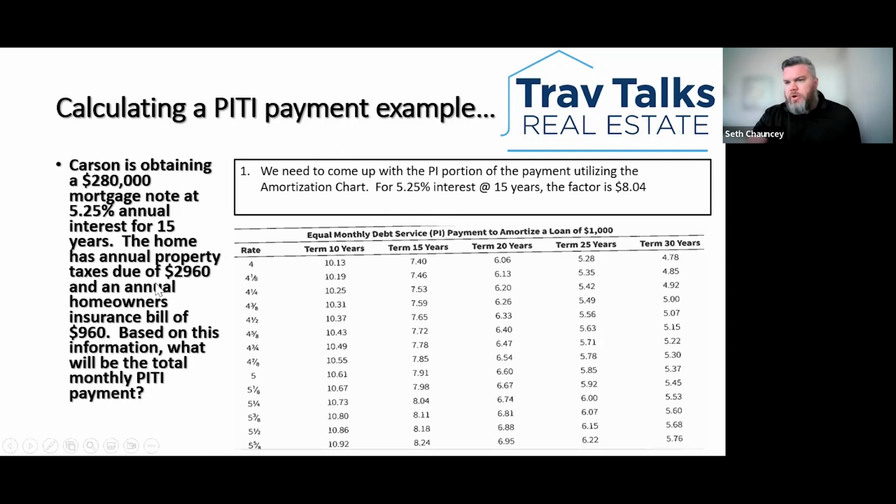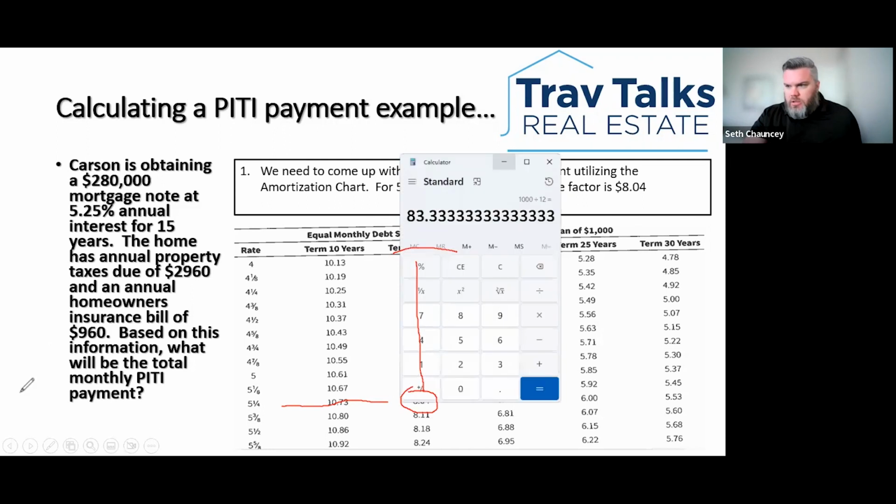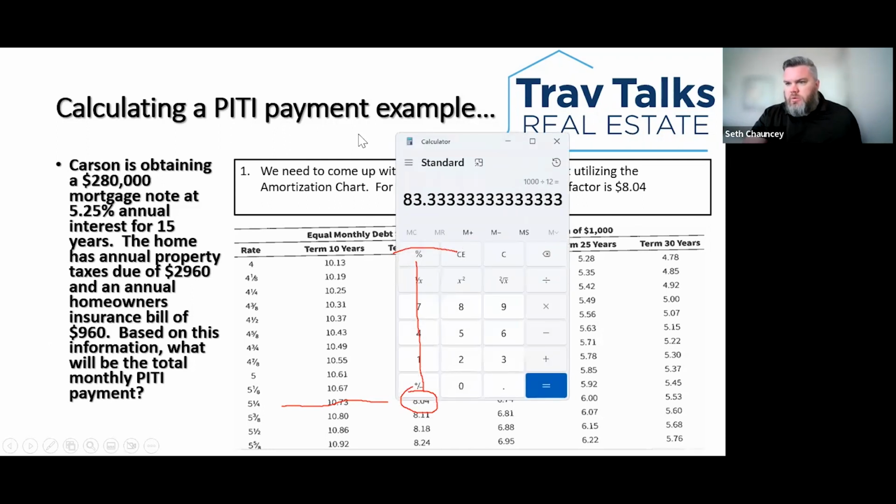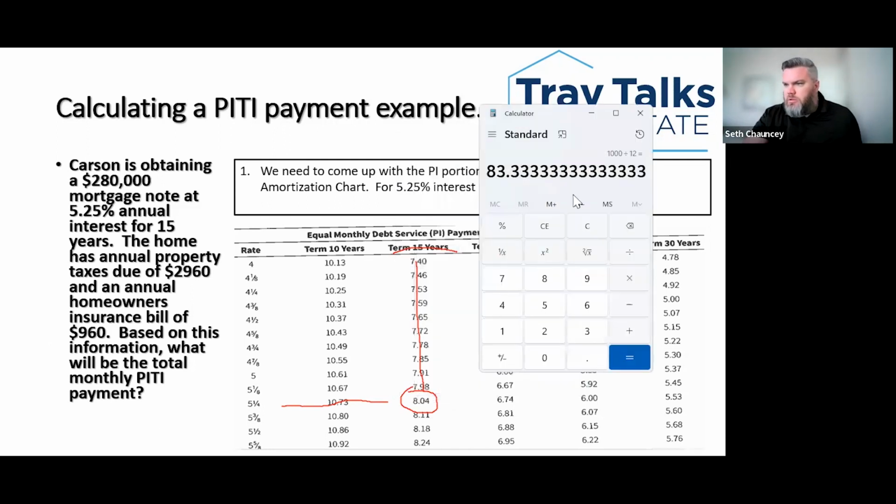So let's work it out real quick. If we're doing the 0.25, even though it says it right there, I'm just going to show you on the chart. You've got 15 years at 5.25 to give us 8.04 as your loan factor. And so when we're doing this, understand that this one just automatically says the loan amount.